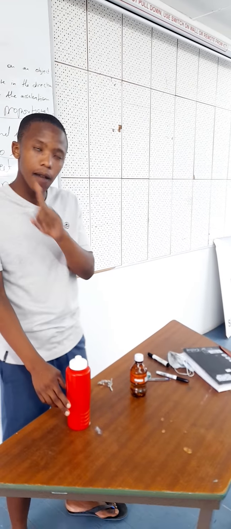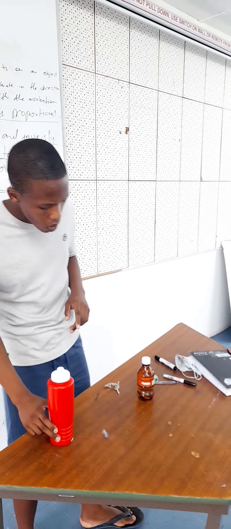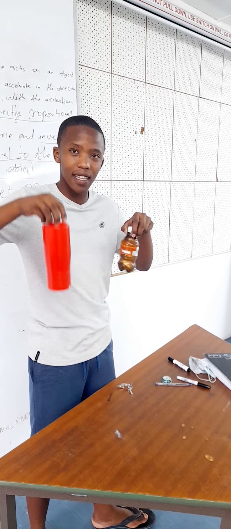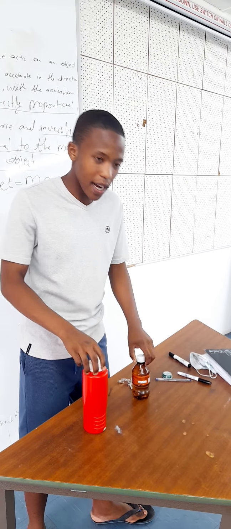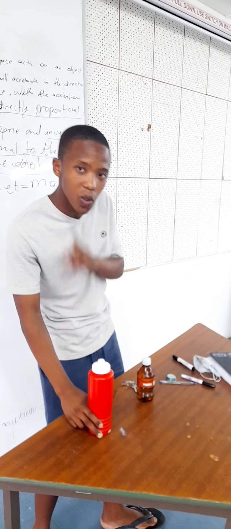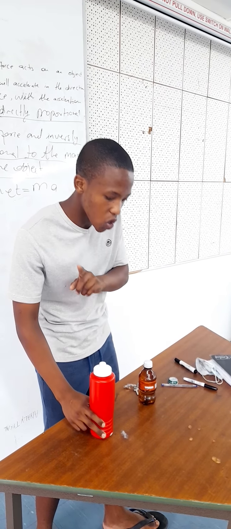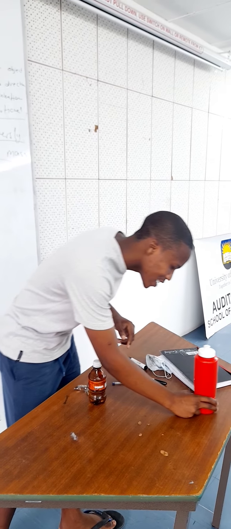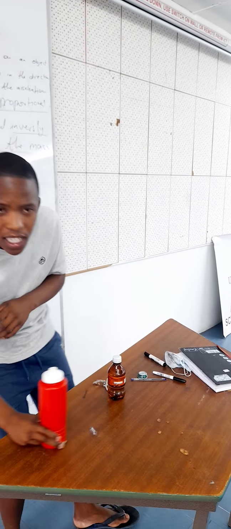The force is 1 newton, but now the force is constant. The force applied is the same, only the masses are different. So now pushing this with this 1 newton force, look at it. Can you see its velocity?